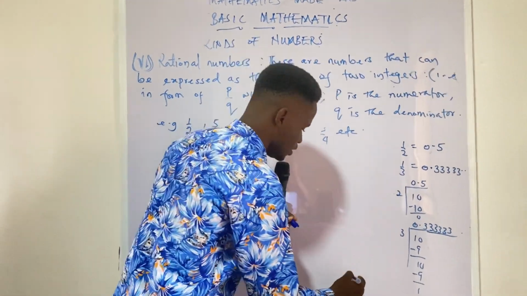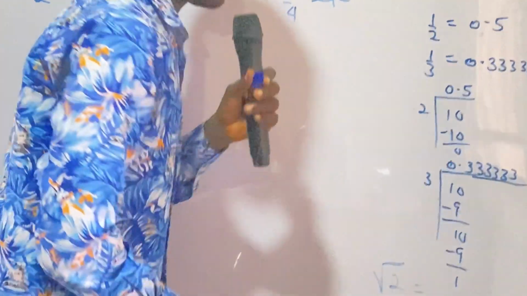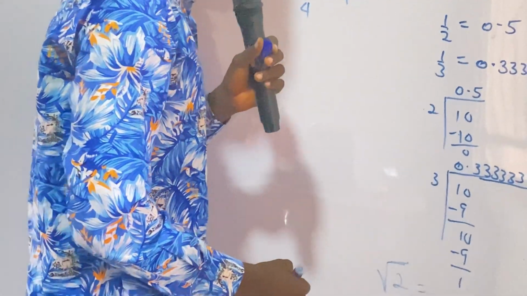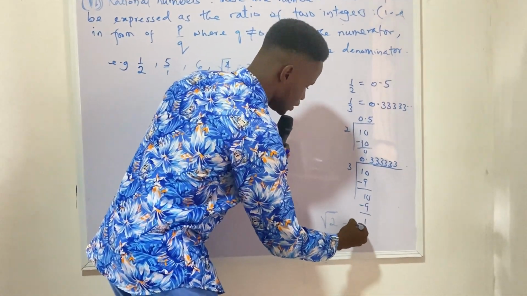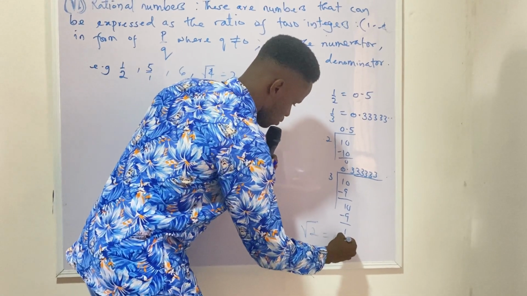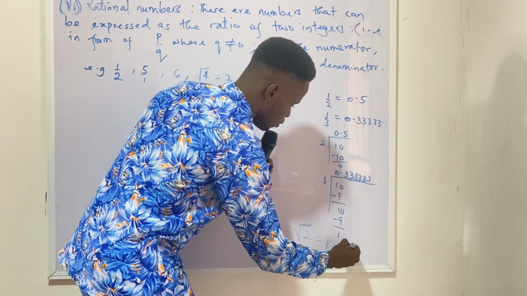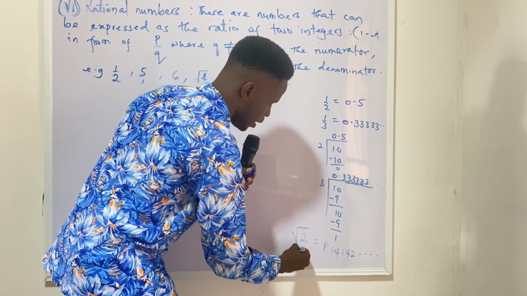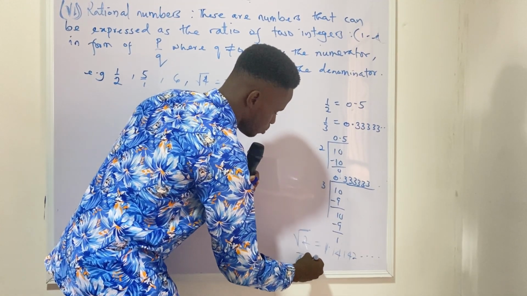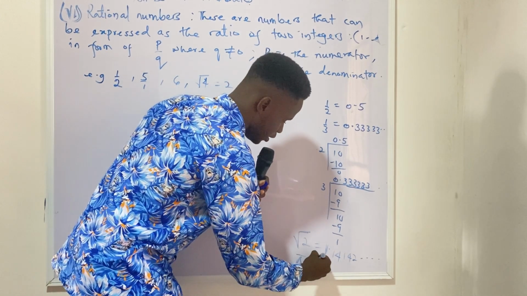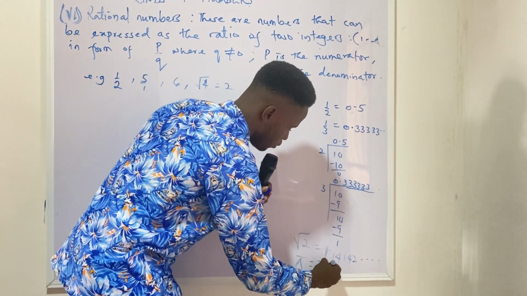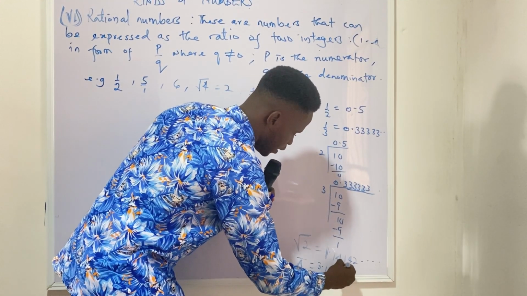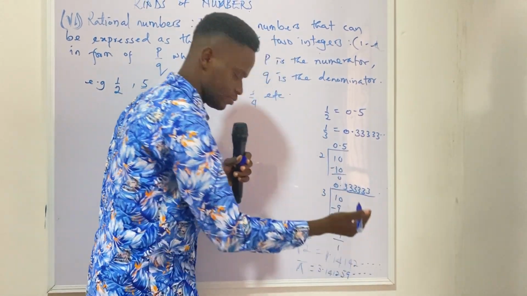Take for example the square root of 2. You realize that it results in something like 1.4142 and so on like that. Just like we have pi, the value for pi is 3.14159 and so on like that.